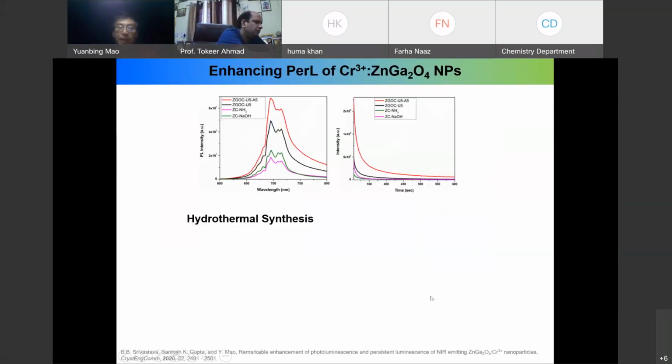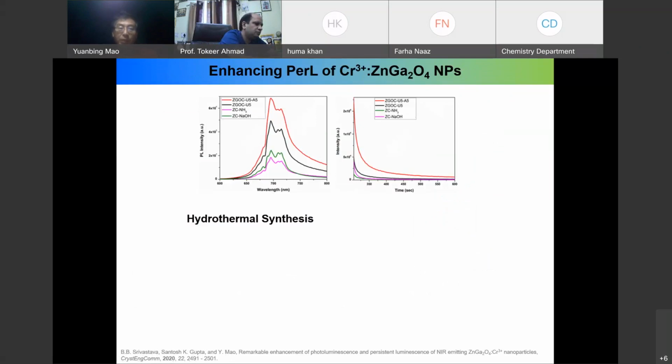In the literature, people use sodium hydroxide and ammonia. And the nanoparticles synthesized in the literature are not uniform because of the high pH, the initial high pH, right?